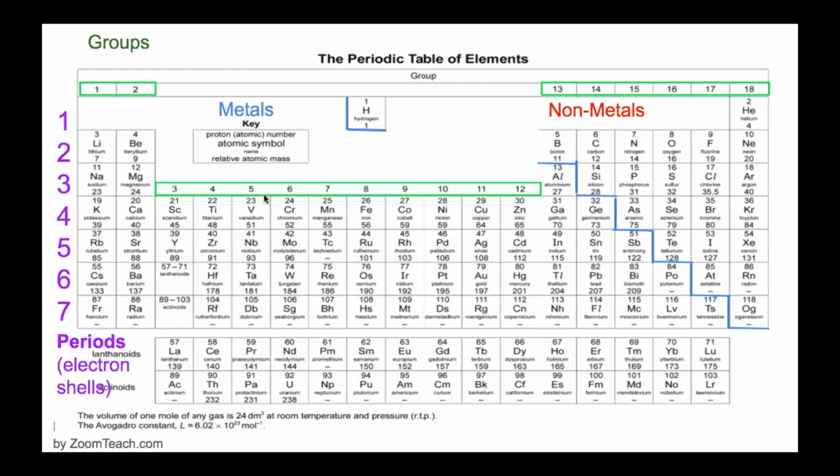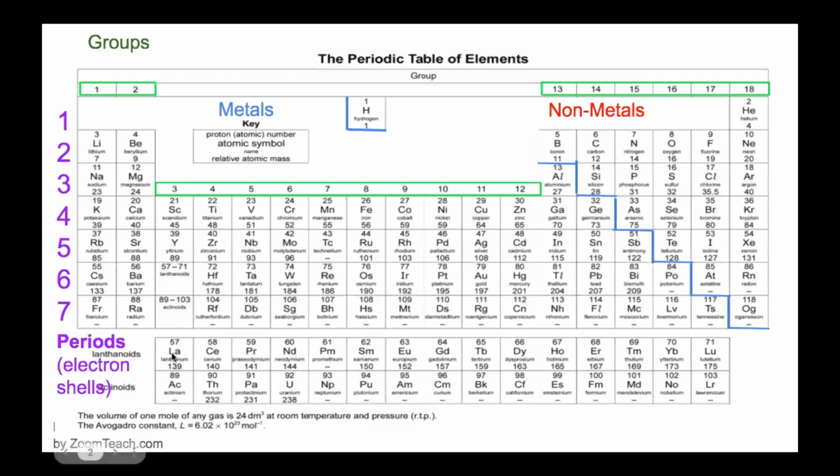Take note that the number of periods matches the number of electron shells. So for chemistry, for all the 118 or so elements so far, all of them will have at most 7 electron shells. Do take note, the bottom two are not rows 8 and 9.